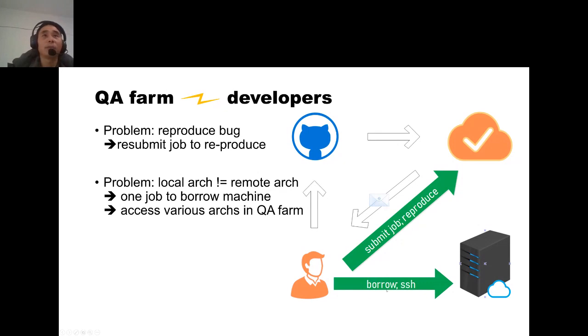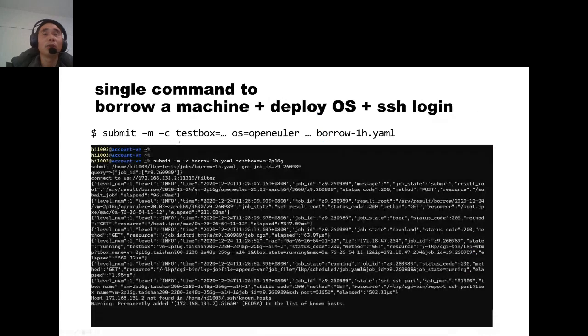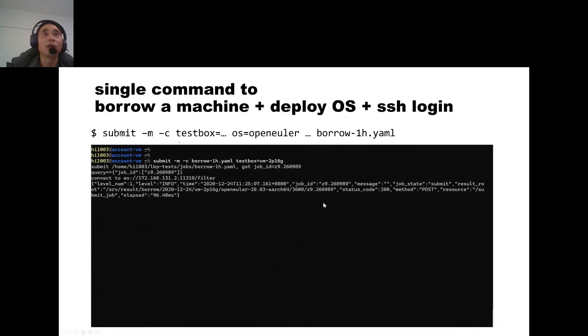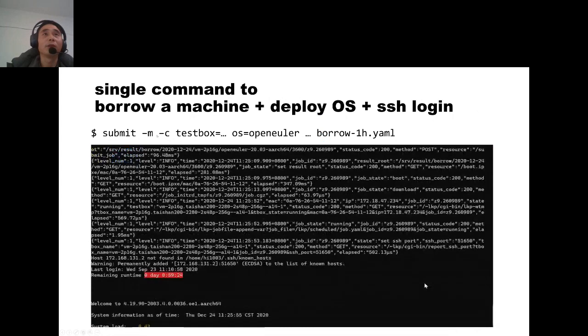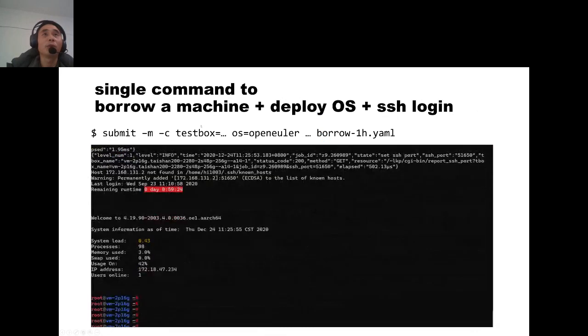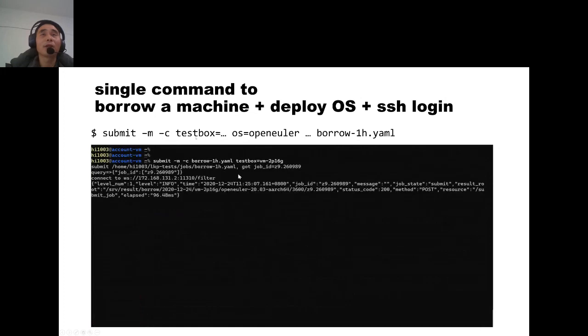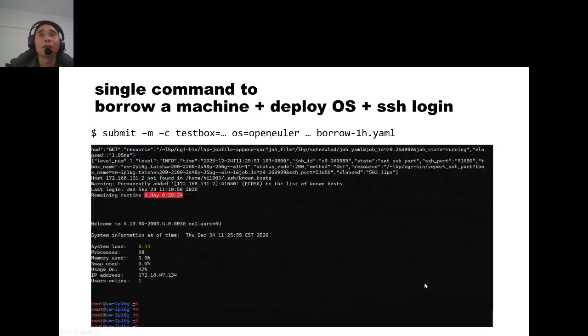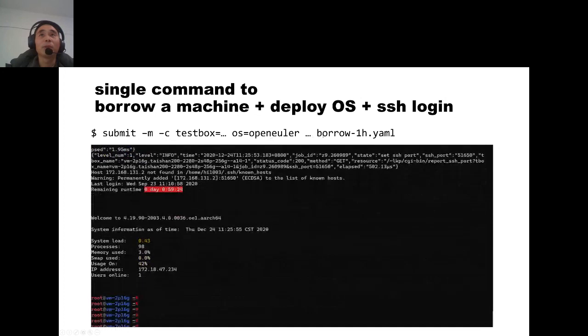Because we think reproducing and the environment is so important, we make it very simple to log in. One single command is enough. With this command, you can allocate the test box, deploy OpenEuler on it, then run the borrow sleep.